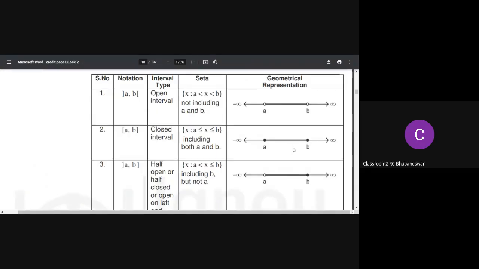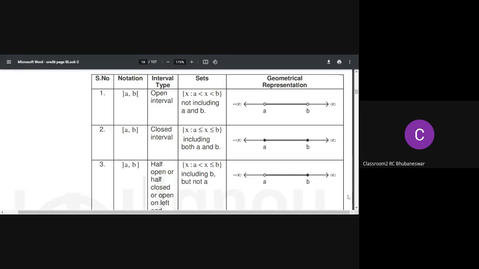In the geometrical representation, you can clearly see black dots at a and b. Black dots at a and b mean both the points are included inside the closed interval [a, b].